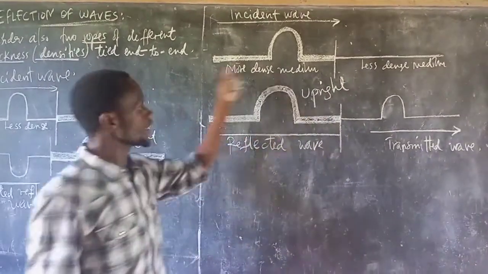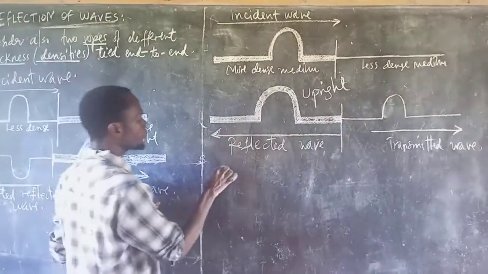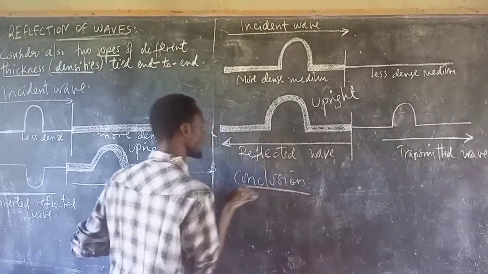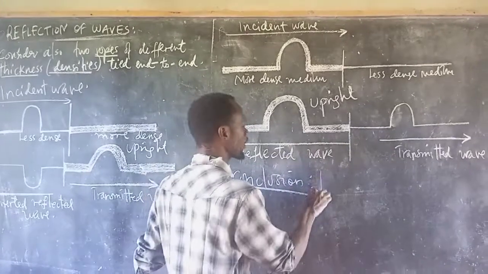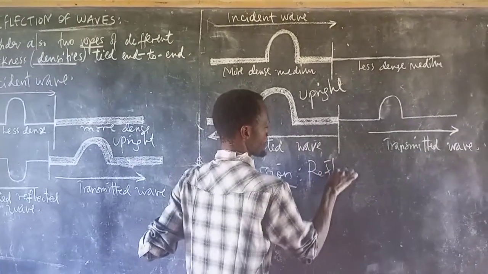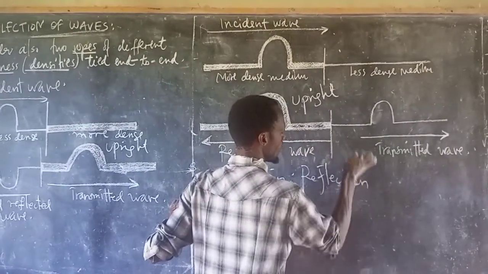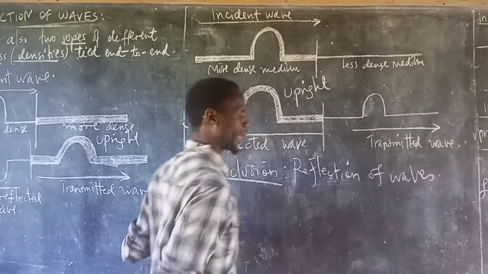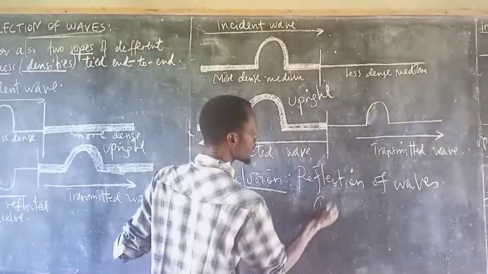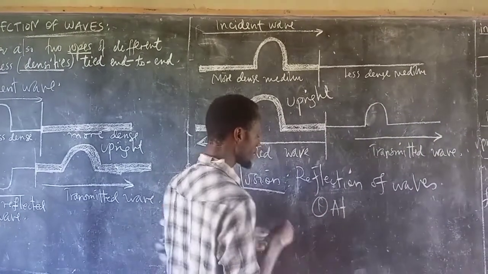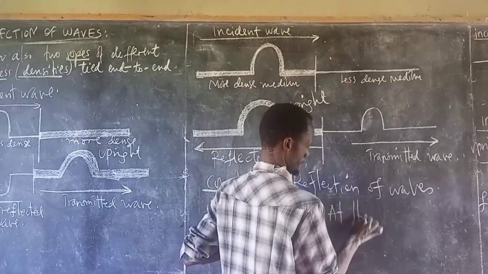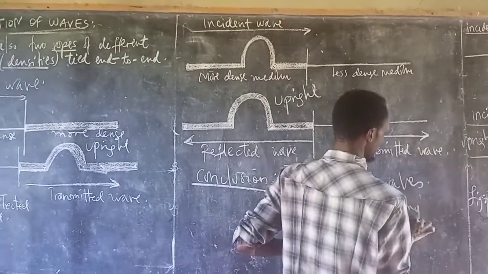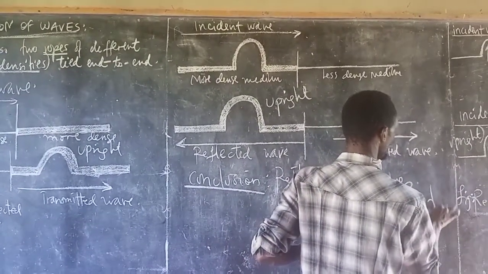So by doing this, we come to a conclusion. The conclusion is that reflection of wave takes place at the boundary of two different media.